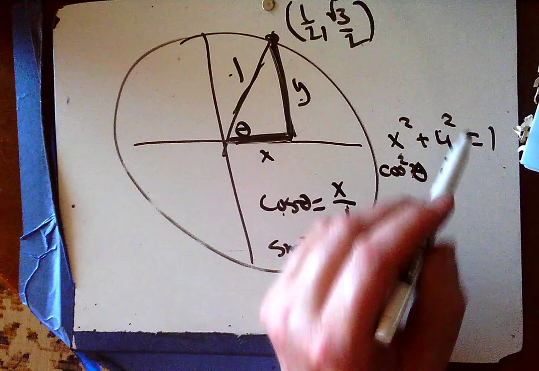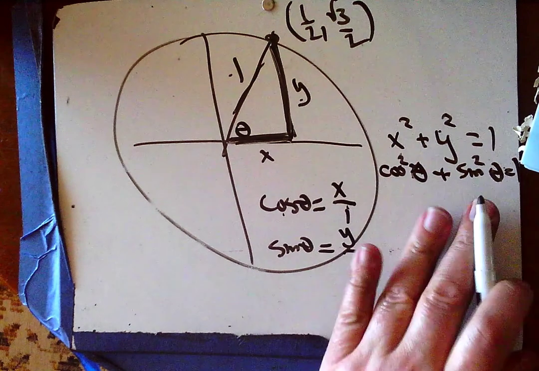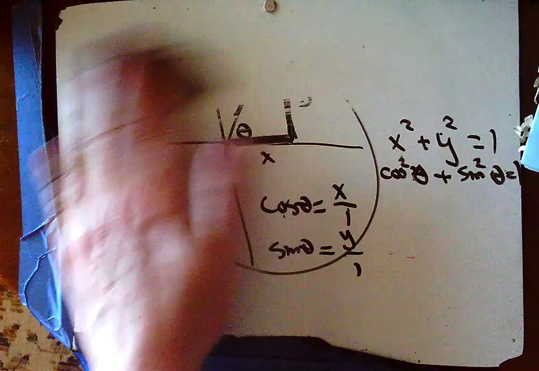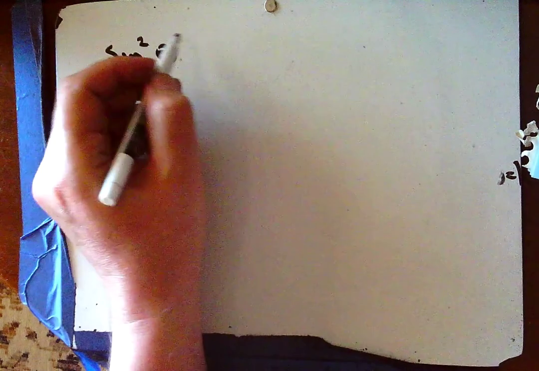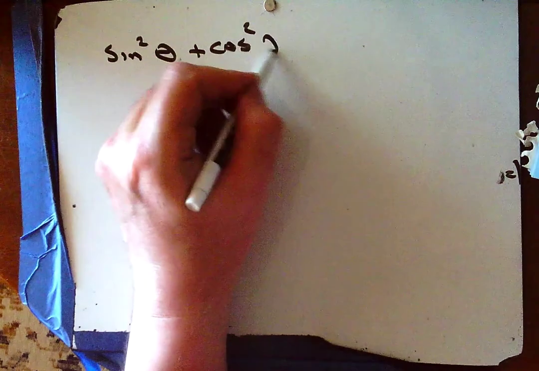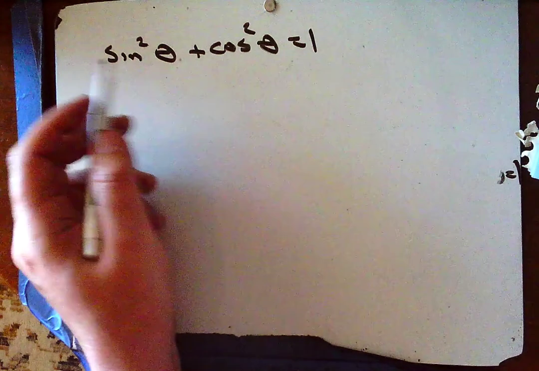So I can replace this y with sine squared. And this is where our first Pythagorean identity comes from. Right? It's just coming right out of the Pythagorean theorem and our knowledge of trig ratios. Cosine squared plus sine squared equals 1.